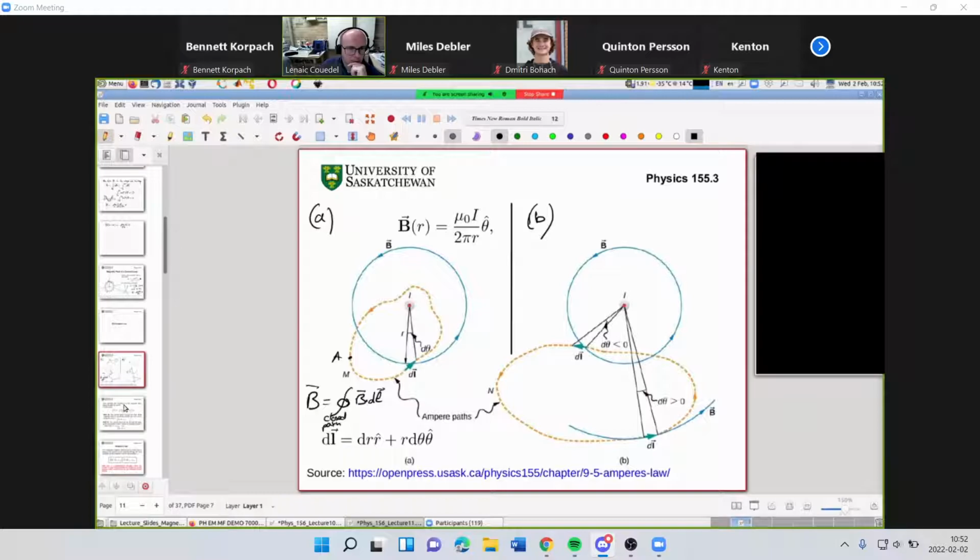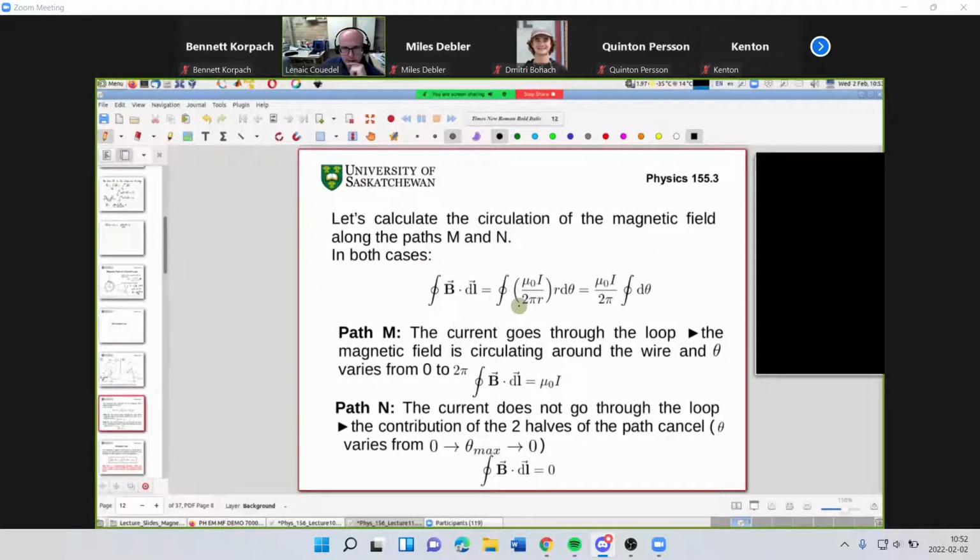So what will happen? We try to calculate this integral. We know that our magnetic field, if you remember from last time, is mu 0 I over 2 pi r, and this is along theta hat.